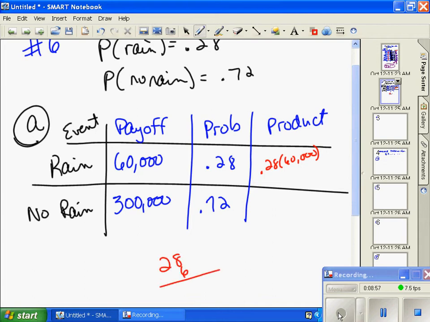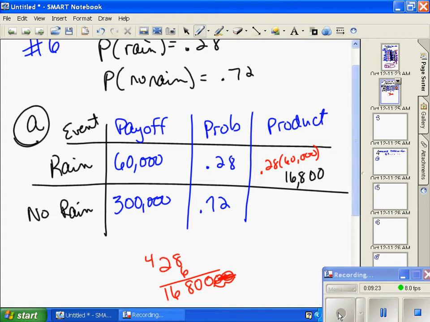So I get 48 there, 12 and 4 is 16, and then I add 1, 2, 3, 4 zeros. Now, remember I have 0.28, so basically I'm going to move the decimal 2 places over, so those last 2 zeros are going to cancel out. So looking at that, I really have 1, 6, 8, and then 2 zeros. So 16,800 is what I get for that when I multiply that out.